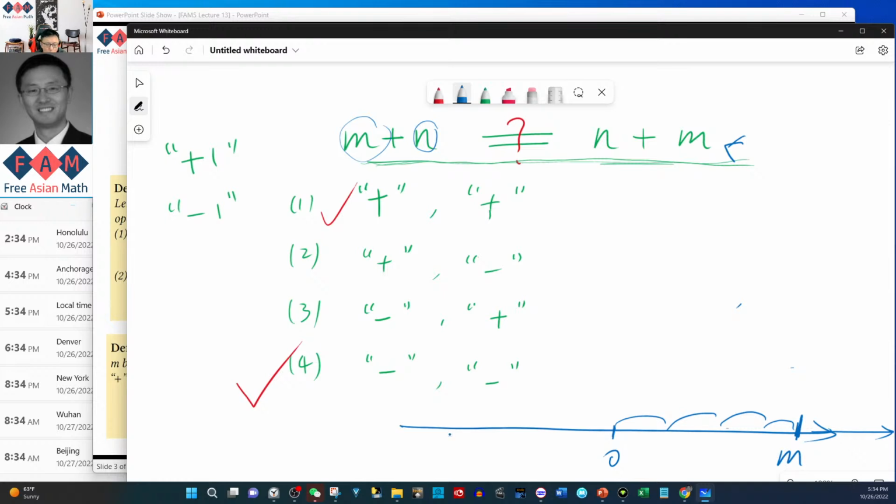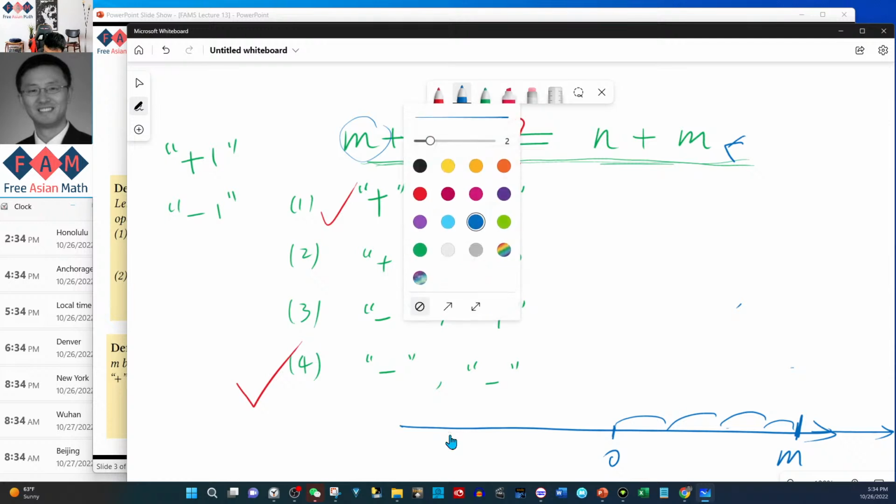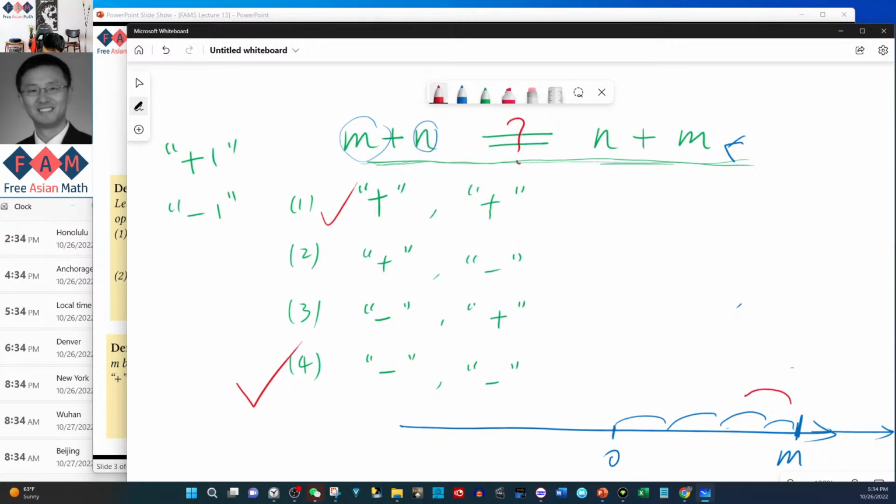Then we add a negative n, so we go back, or go the other direction, somewhere, maybe going across. So essentially we go toward the right m times, and then we go toward the left negative n times, because n now is negative, right?